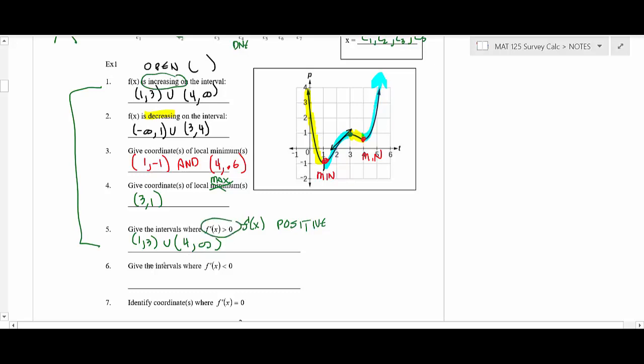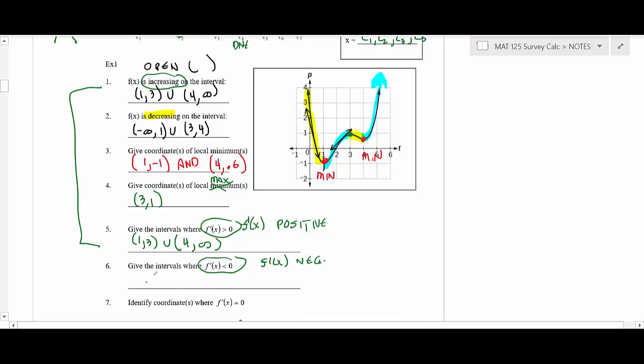Okay, next statement is saying where is the derivative, f prime of x, negative. So that would be examples of tangent lines sloping downward, kind of like this. So that happens everywhere in this yellow region here. I think I can slide this over. That would be an example of one place where the derivative is negative. So in these yellow regions, the derivatives are going to be negative.